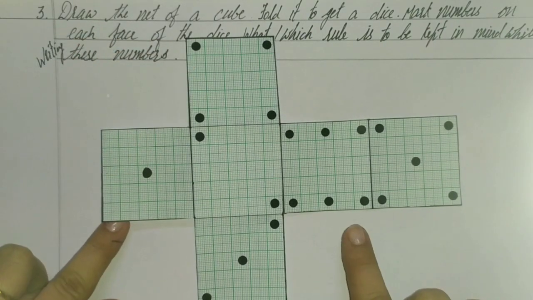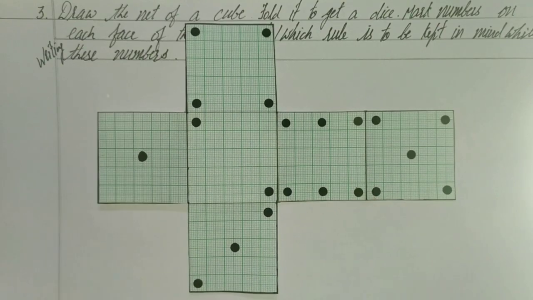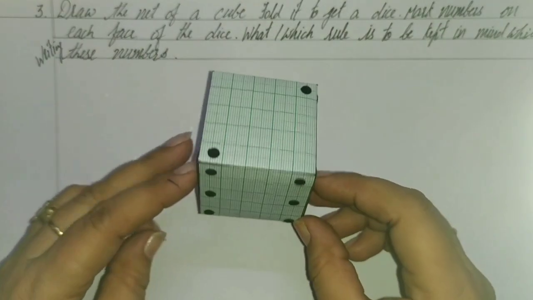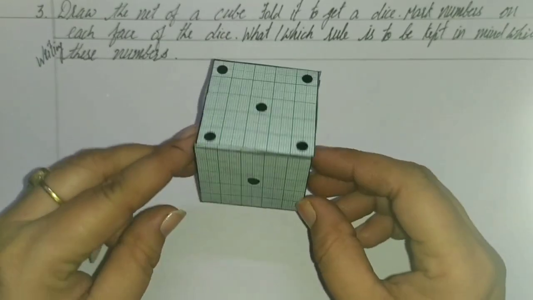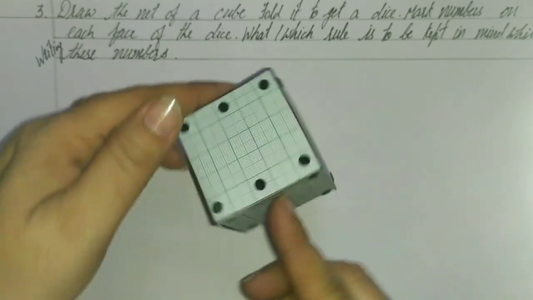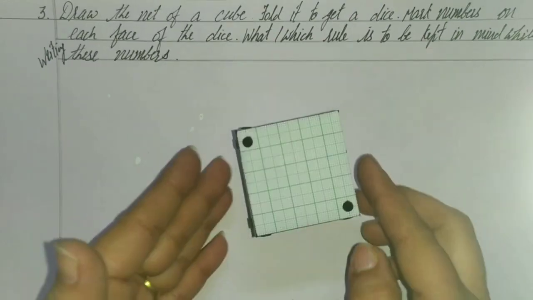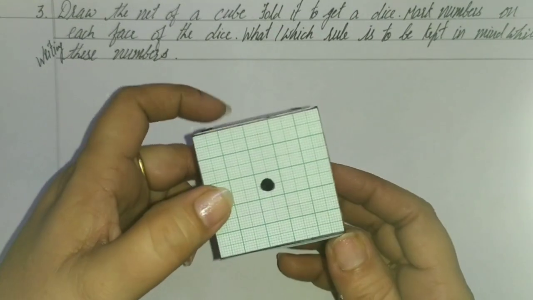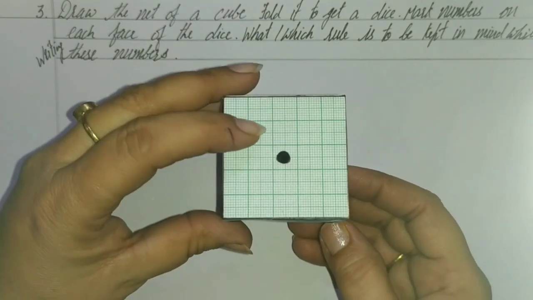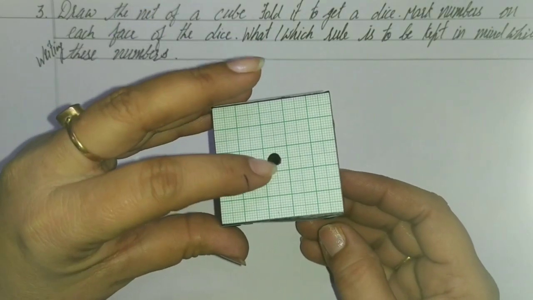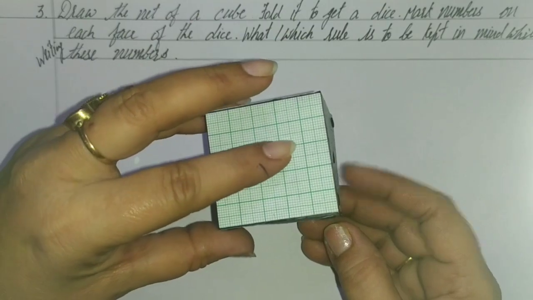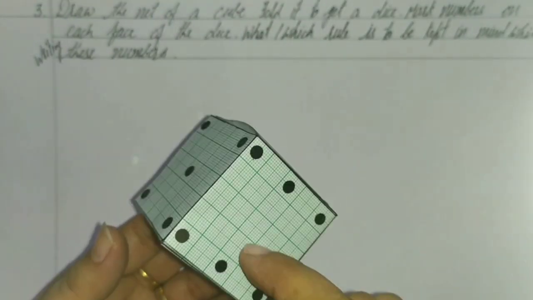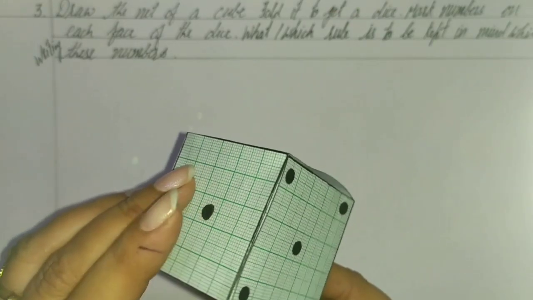Now I am going to fold this to make a dice. Have a look, here our dice is ready to play. Now let's have a look at the opposite faces of this dice. The face opposite to this one is at the bottom like this. 6 plus 1 is 7.